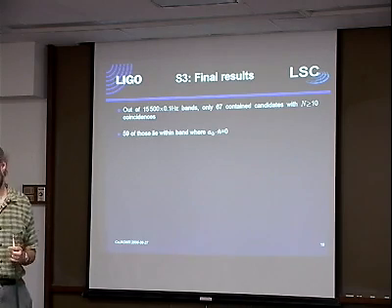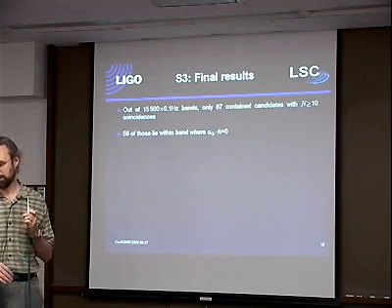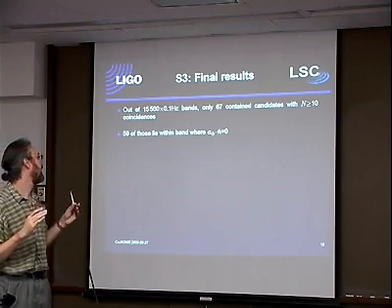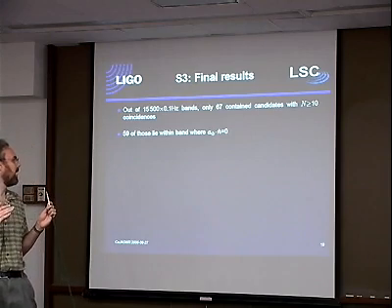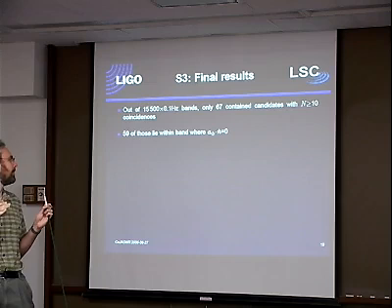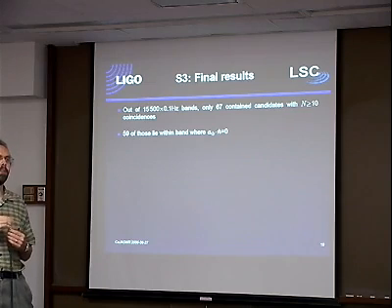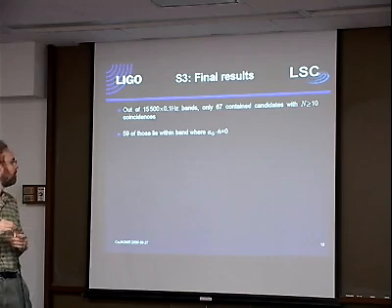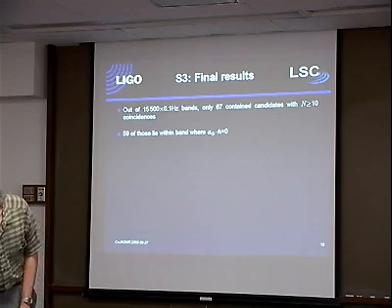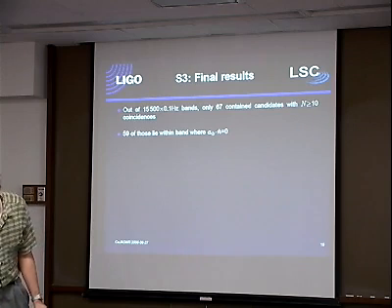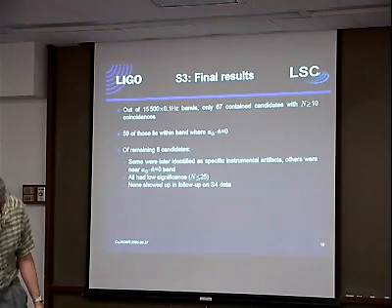And of those, 59 lie within the band where the acceleration dotted into the sky position is 0 for at least part of the instrument, or for at least part of the run. So those we basically rule out as being indistinguishable from instrumental artifacts.